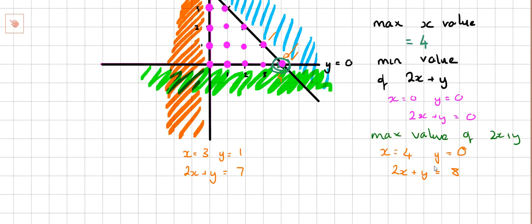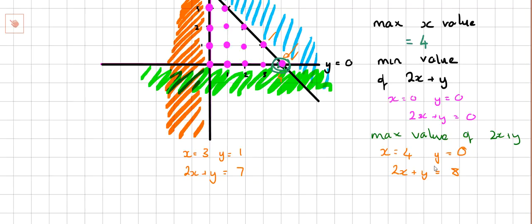So that's the next stage. If you have a look, everyone can do this. If you have a look now on page 644, basically that's what we've just been doing. So when you look at it, you're looking at the coordinates within that region, and you are asked, for instance, if you have a look at question 1 on page 645, part D, find the greatest and least values of 2x plus y.